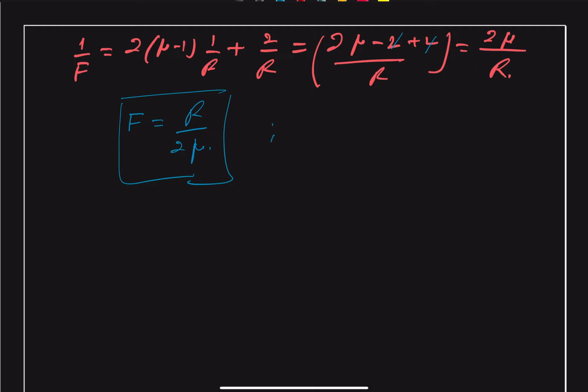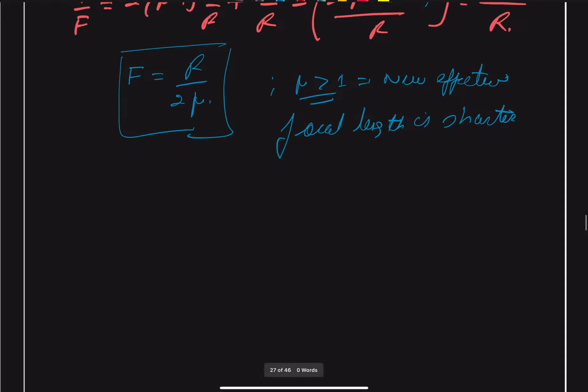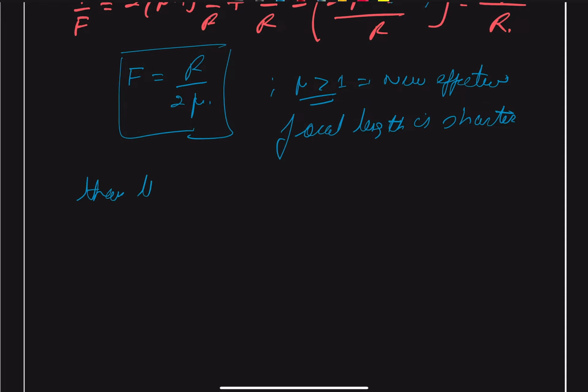So our mu is greater than 1, so therefore we can say that the new effective focal length is shorter than the original one.